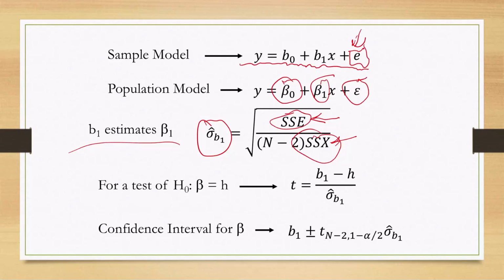Interestingly, if we've met the conditions for valid inference, we use a t-statistic in order to test the hypothesis. And the t-statistic that we're going to use will have n minus 2 degrees of freedom. Oftentimes when people test the hypothesis, they test it against 0. That is, they say that beta equals 0. But you can test it against any value.